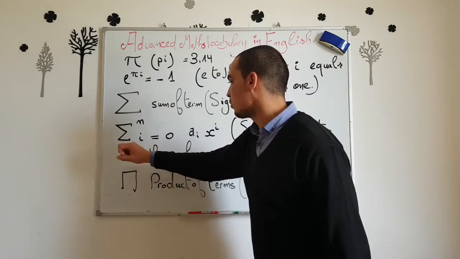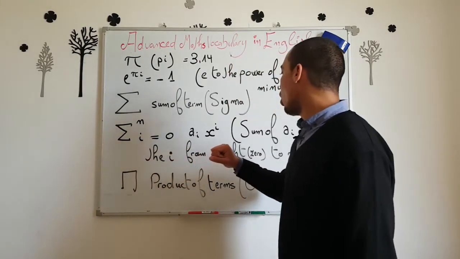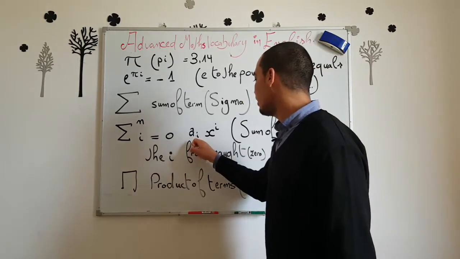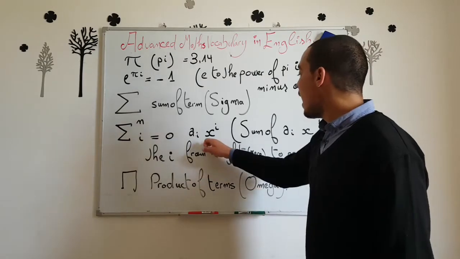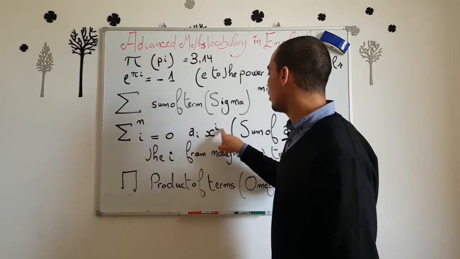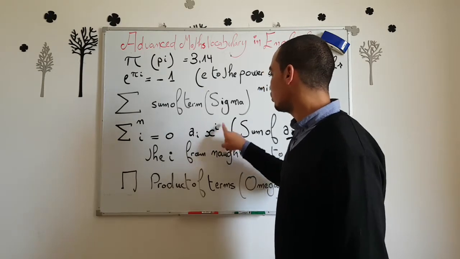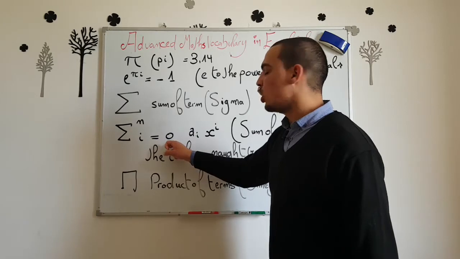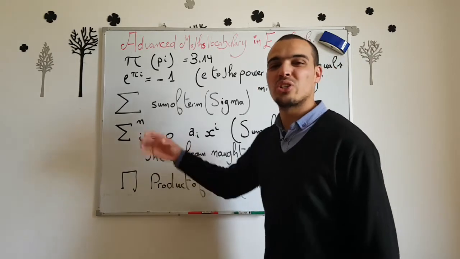The sum of a i x to the power of i, from i equals 0.